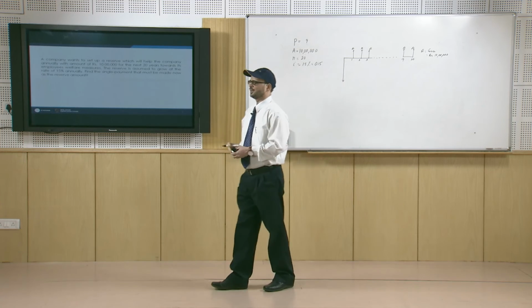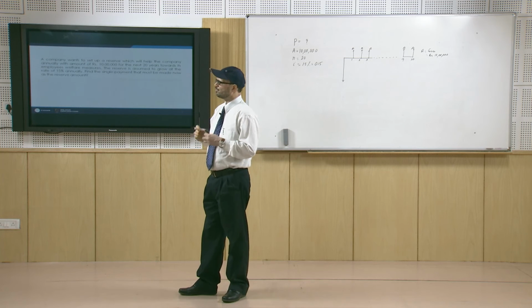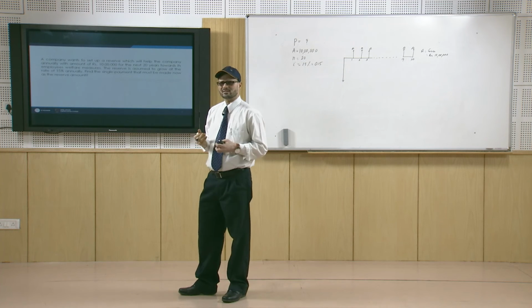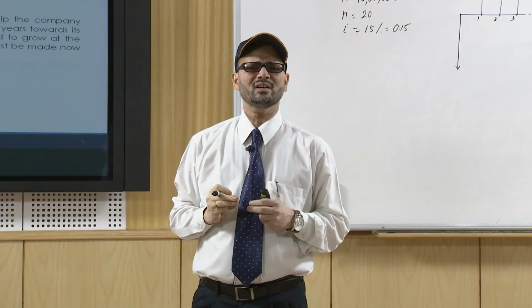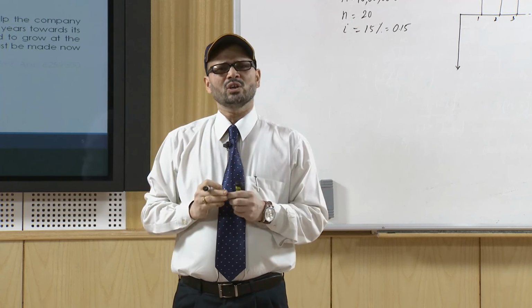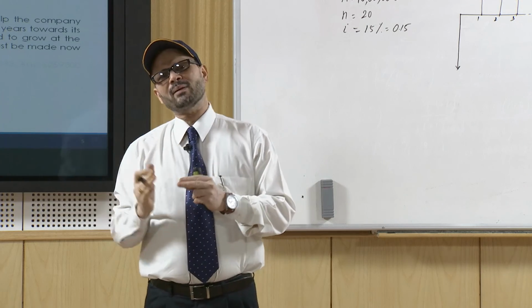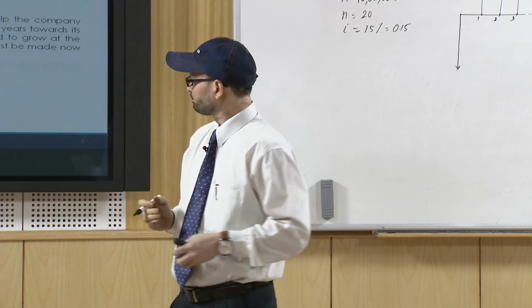So, this is a case where we have already discussed the equal payment series present worth factor, where you have to find the present worth of an investment so that it gives you an amount which is equally payable for the next n interest periods.